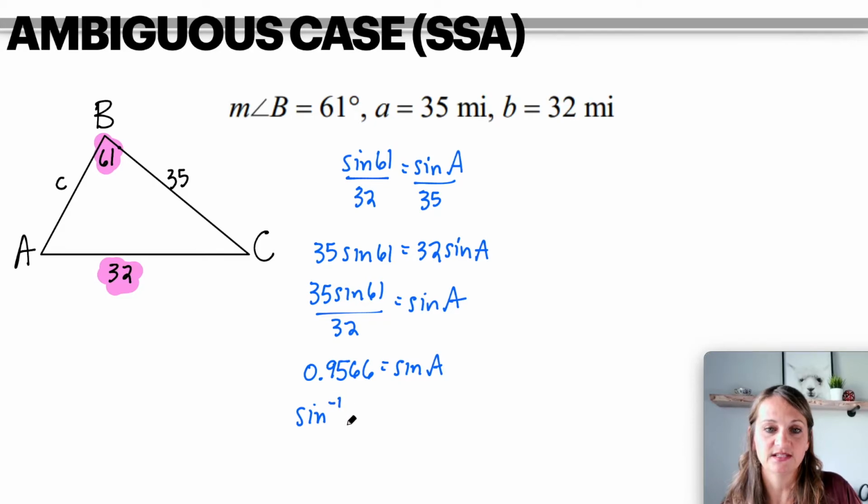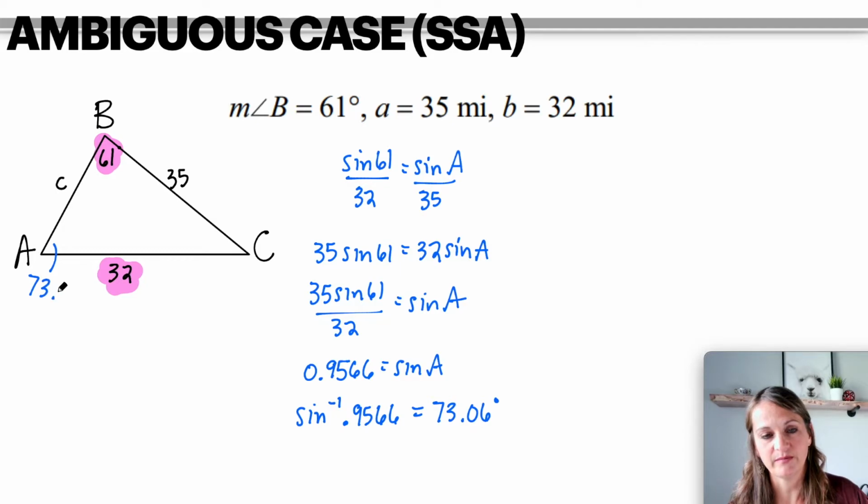So the inverse of sine of 0.9566 is going to be 73.06 degrees. That means angle A is 73.06 degrees.